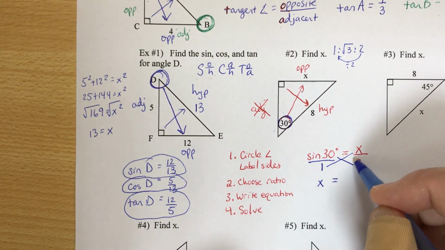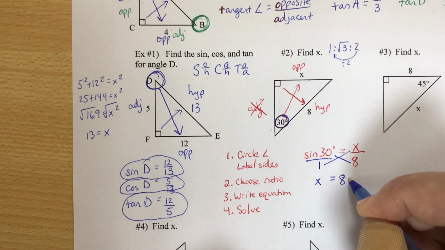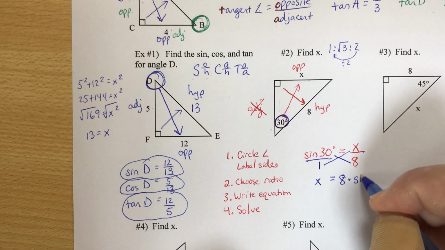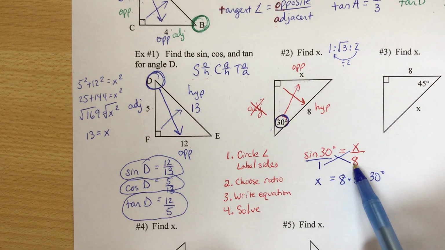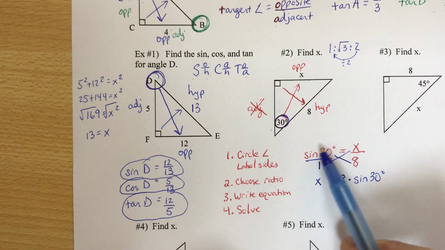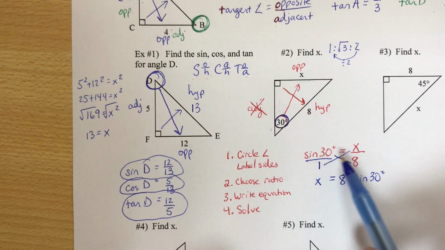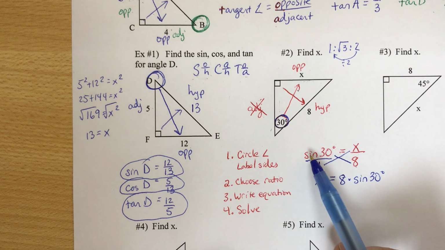I am going to always write this value in front. I'm going to put 8 times sine 30. It is not 30 times 8. This 30 is not by itself. Sine 30 is its own thing. It's together, okay? I'm not breaking that up. So I do not multiply 8 times 30. I'm multiplying 8 times the sine of 30.